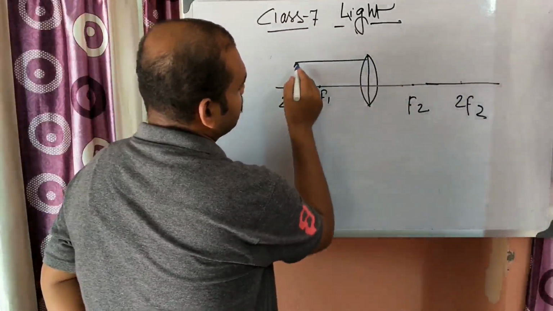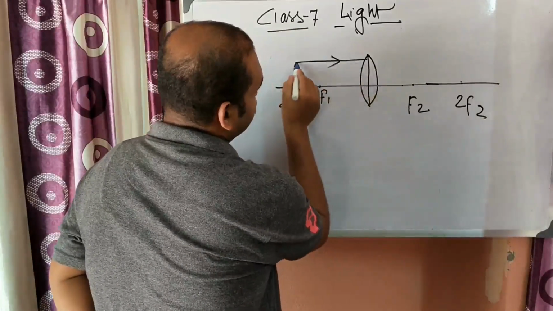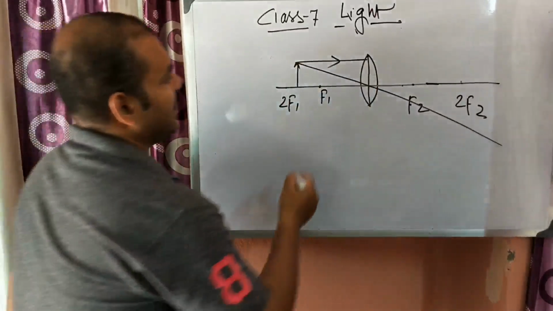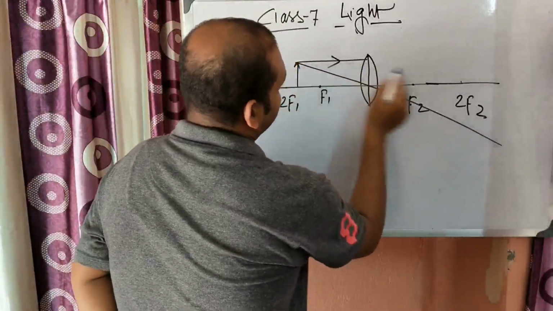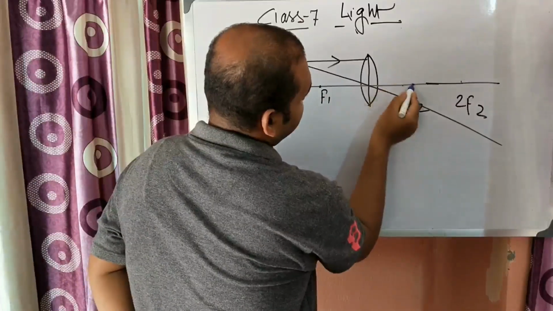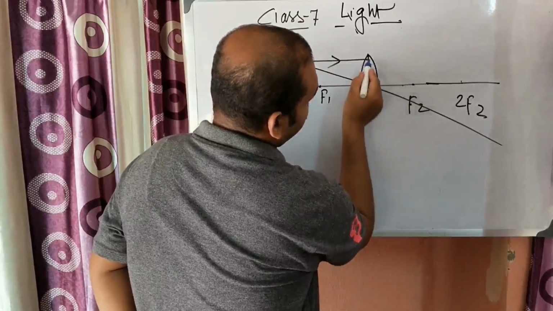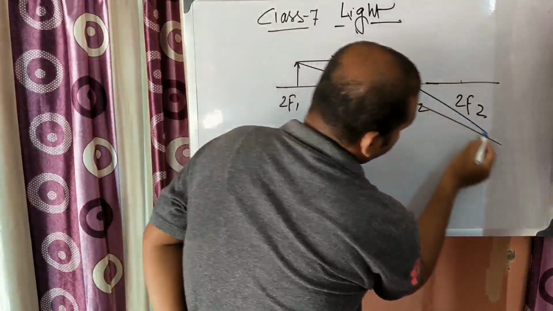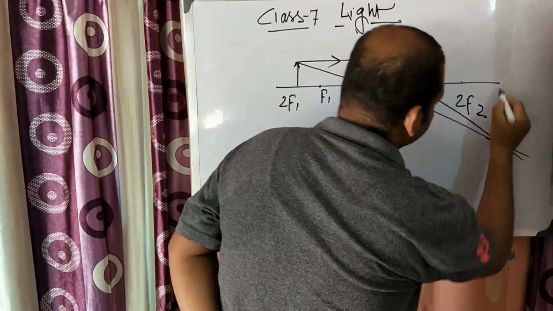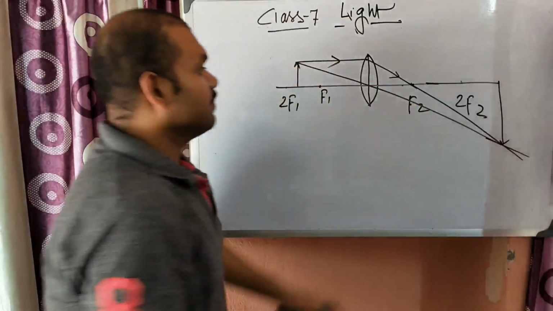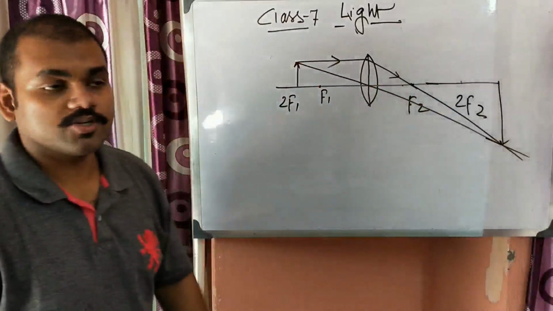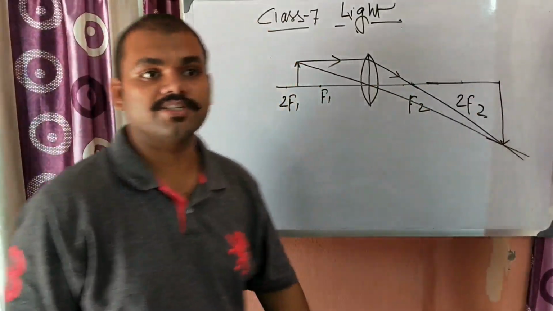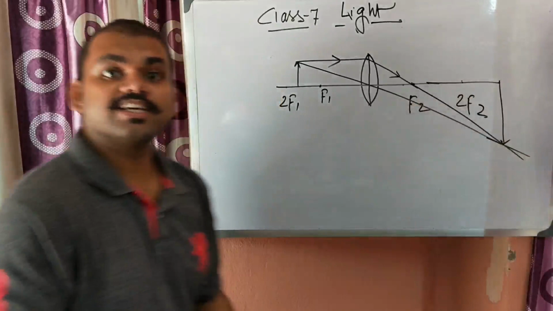One ray which is directed towards the optical center will go like this. Another ray which is coming parallel to the principal axis, after refraction passes through f2, the focus of this side, and they will meet here. We will get a magnified image, a real image, and an inverted image. Magnified, real, and inverted.